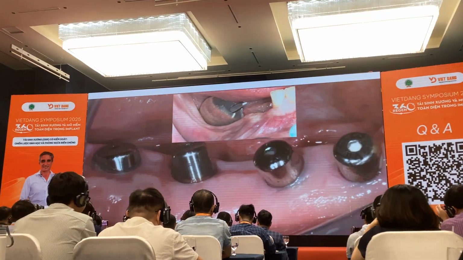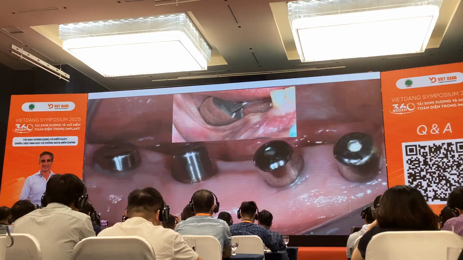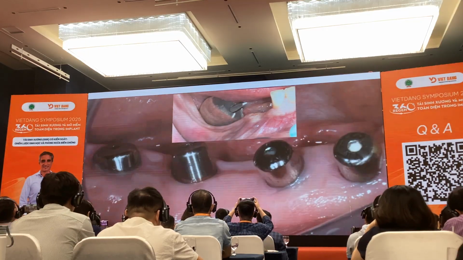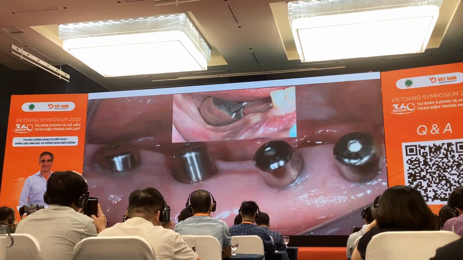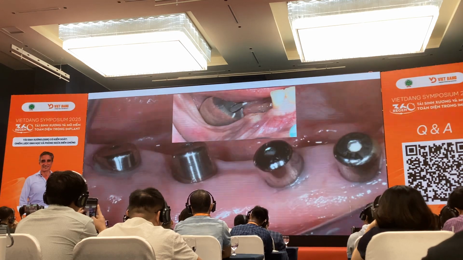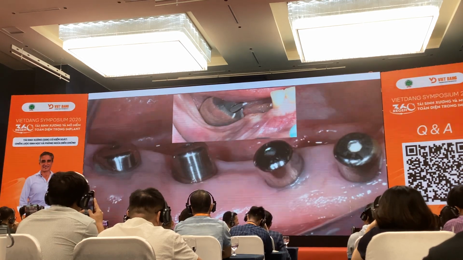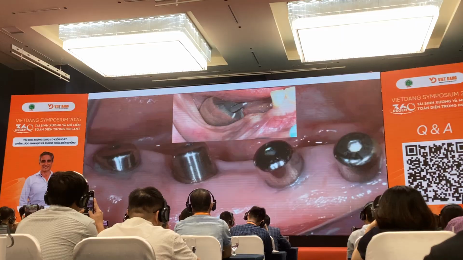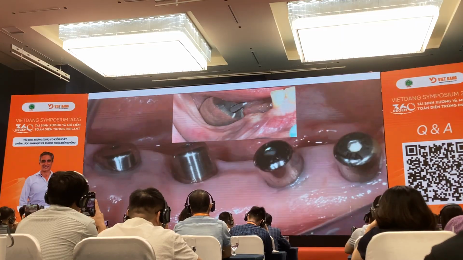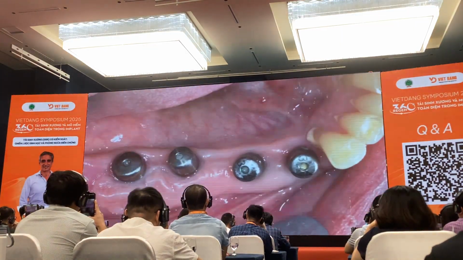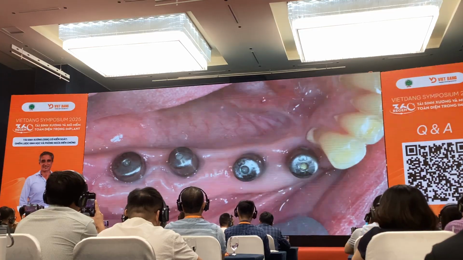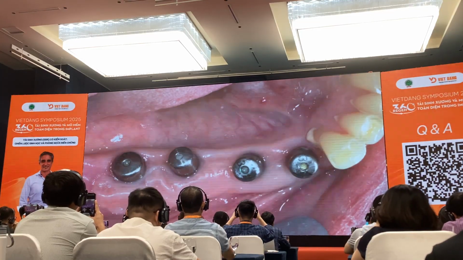But the success of this case or other cases is the precise combination between bone regeneration and soft tissue management. Not only bone regeneration. And look at the perfect restoration of the fornix.